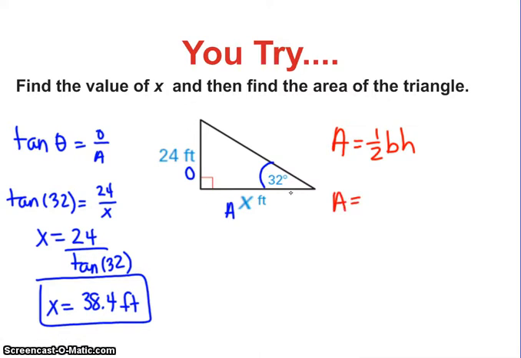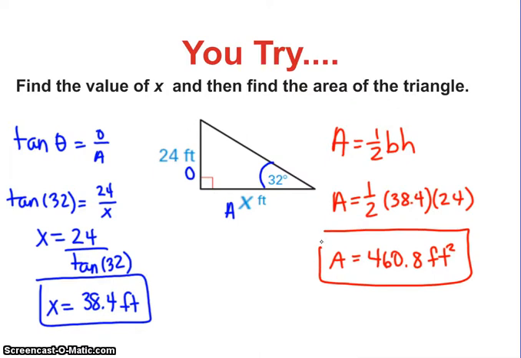Alright, the base for my formula is x, so I would use 38.4, and the height would be 24. So multiplying that in my calculator, I get 460.8 feet squared. Remember that area is squared because we had 38.4 feet times 24 feet. So feet times feet is feet squared.